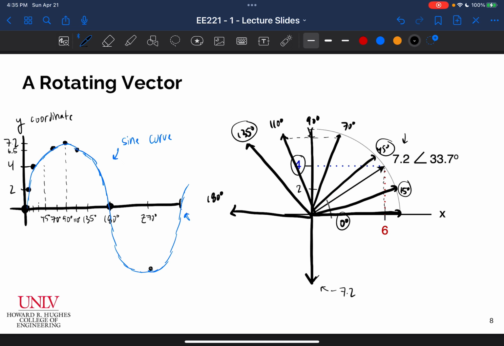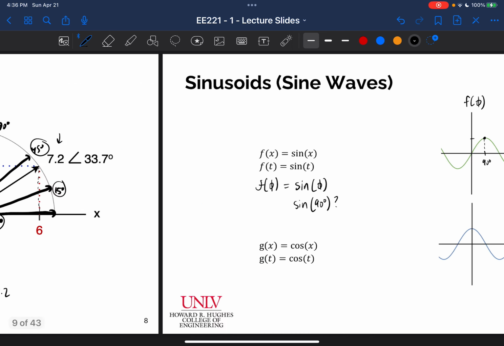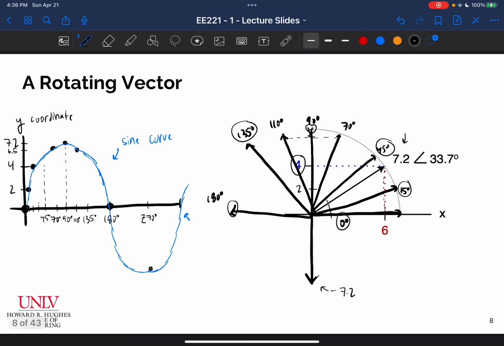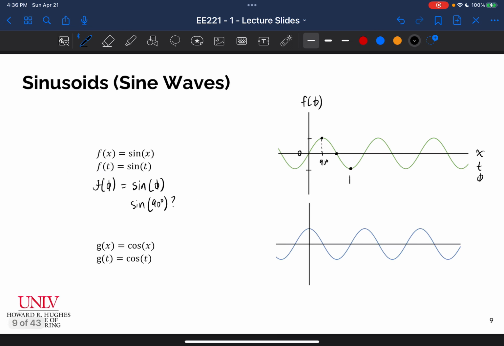So if I go to 90 degrees, the y coordinate is at its peak. If I go to 180 degrees, the y coordinate is at 0, right? I go to 270 degrees, and the y coordinate of this rotating vector is at a negative maximum, which is here.